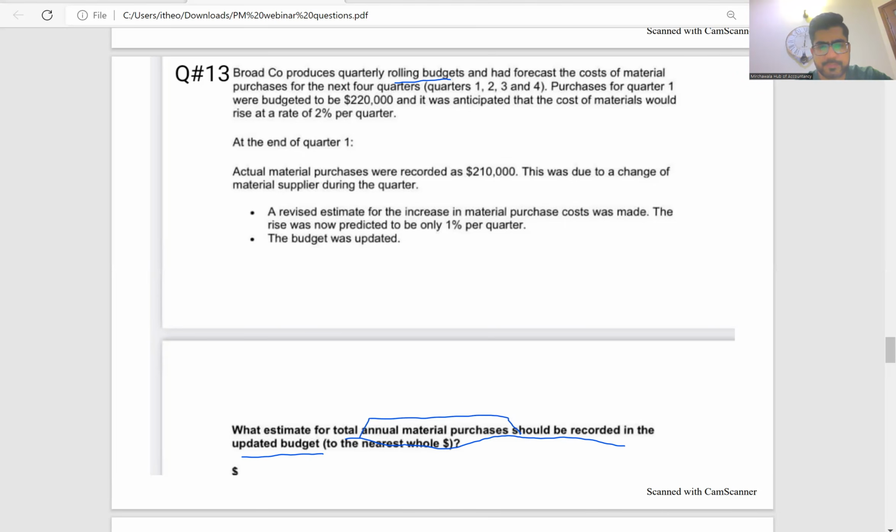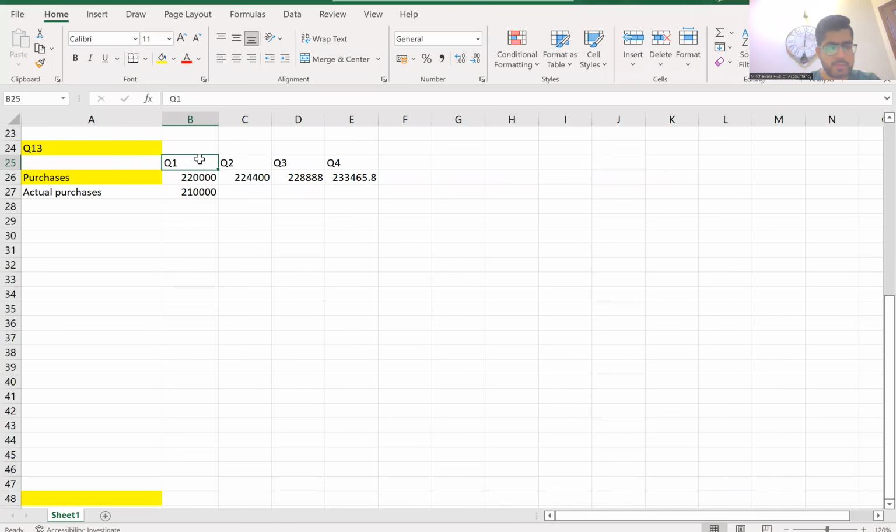It's very simple. You made a budget for the first 4 quarters. The budget for quarter 1 was 220,000, increasing by 2%. Actual purchase was 210, and now it was anticipated that it would only be 1% per quarter.